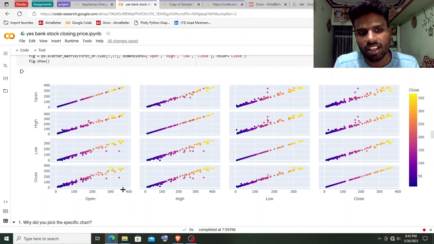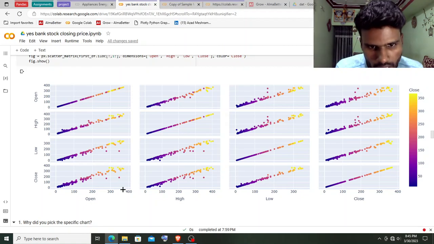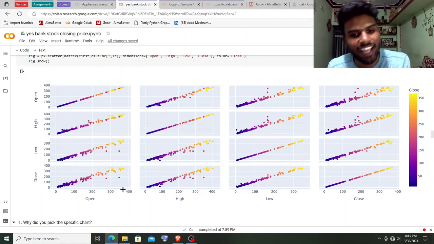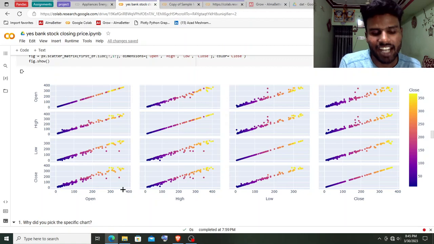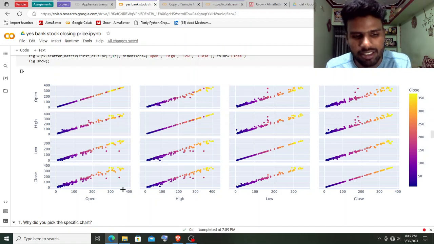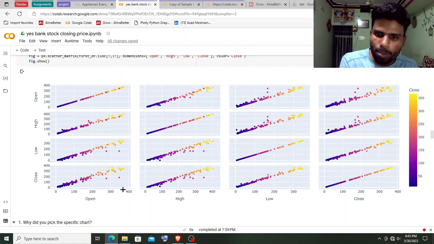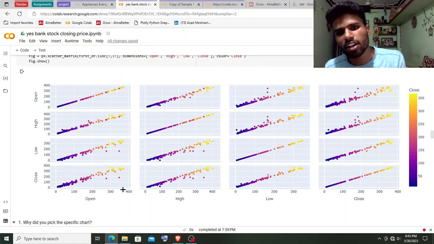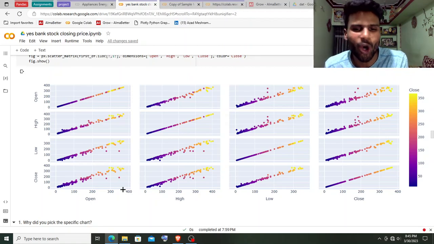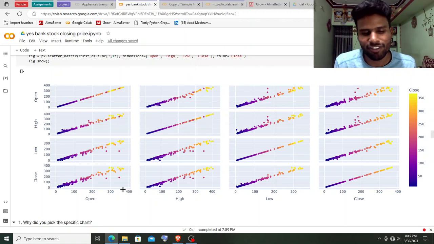But again, the data set is very small. There are very few data points. Another thing is that this is the stock market's price, so there might be a very strong correlation, and it is very obvious that the opening price and the highest price or the lowest price might have a correlation.